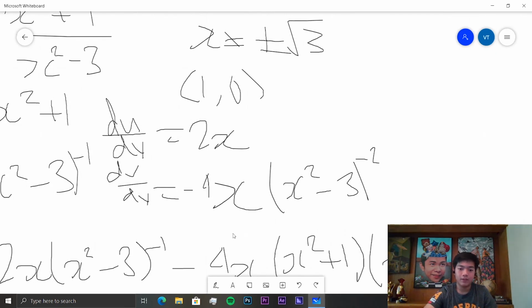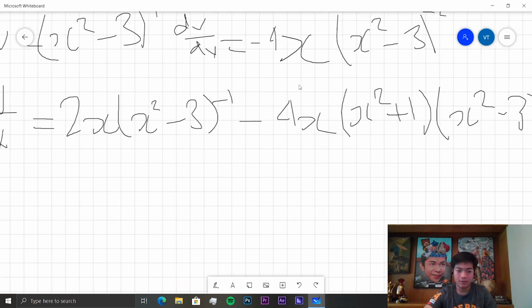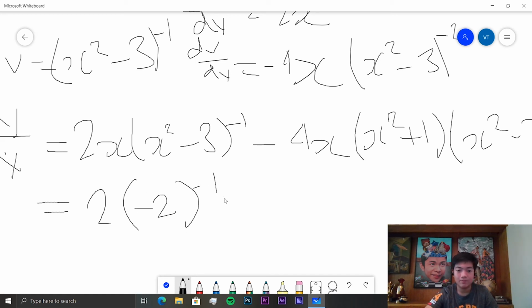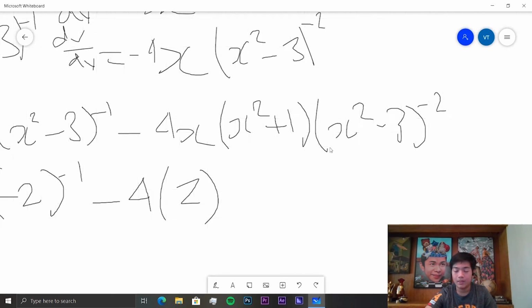So we're looking for the tangent and normal at the point 1, 0, so you can simply substitute 1 as x. So this is equal to 2 times 1 minus 3, negative 2 to the negative 1, minus 4 times 1 plus 1 is 2, times 1 minus 3 is negative 2 to the negative 2, so this is negative 1/4.